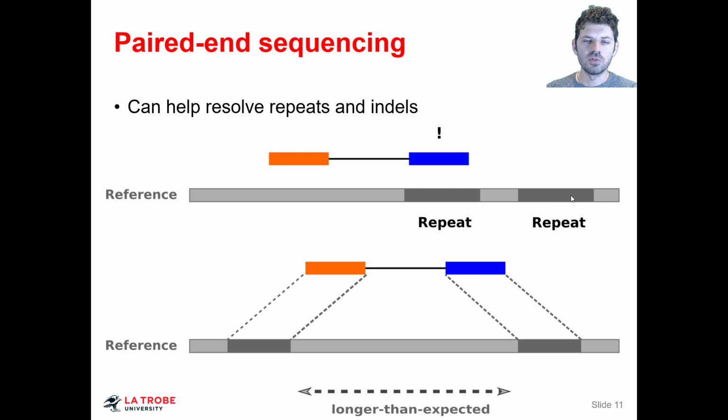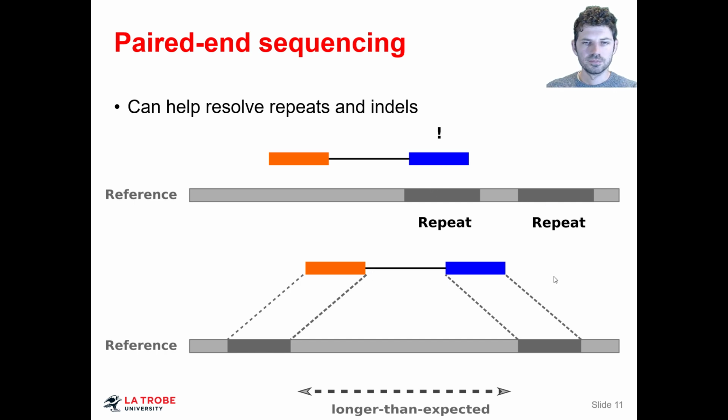So we've got a repeat present here, and if you didn't have this paired end read, you wouldn't know whether this read mapped to this location or this location. But if you know that this read is paired to this read here and that there's a distance of 700 base pairs between them, you know that this read should map to this location rather than the other.